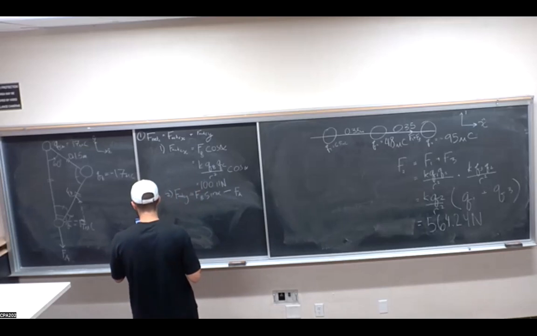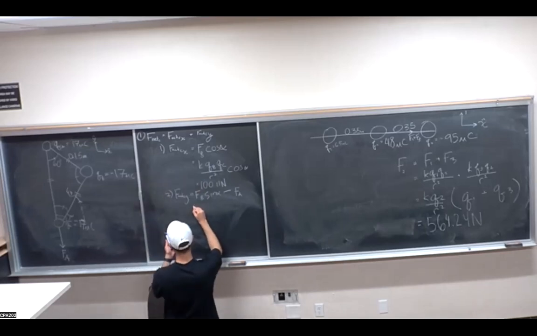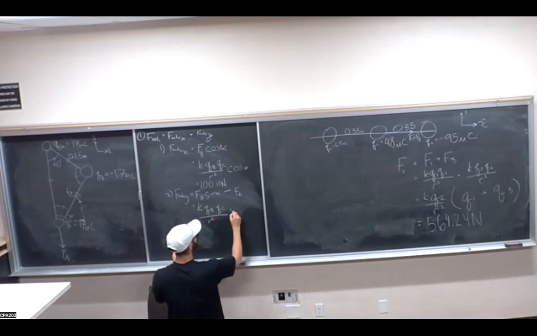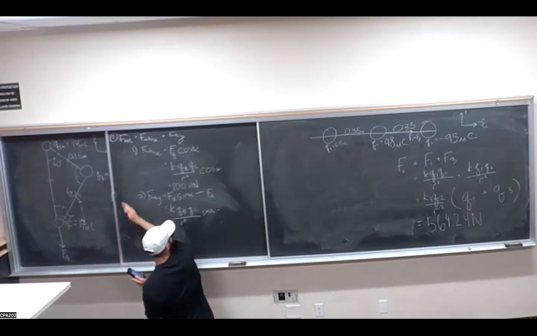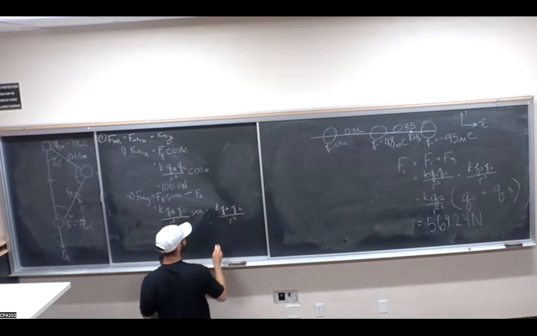All right. And then similarly to how we just did before, we're going to expand each one of these out with Coulomb. So that's K, my charge, which is B, and your charge, which is C, over R squared sine alpha, minus K, my charge, which is QA, acting on QC, over R squared.